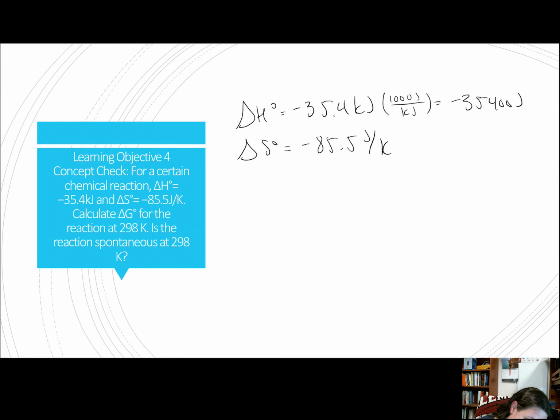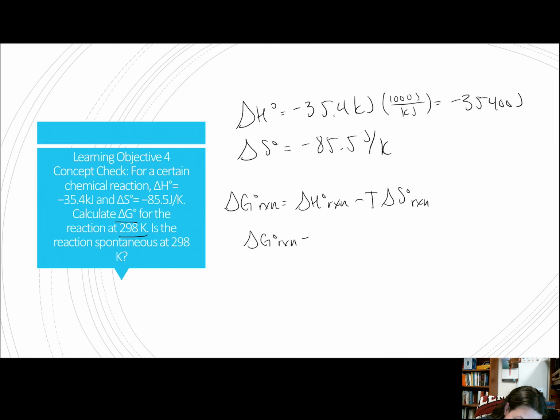So now we want to calculate the delta G for the reaction at 298 Kelvin. So we have delta G naught of our reaction is equal to delta H naught of our reaction minus T delta S naught of our reaction. So it just gives free energy in the standard state.